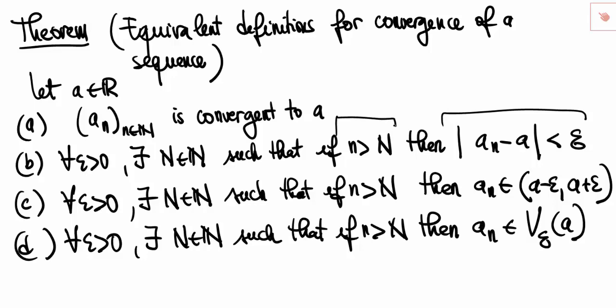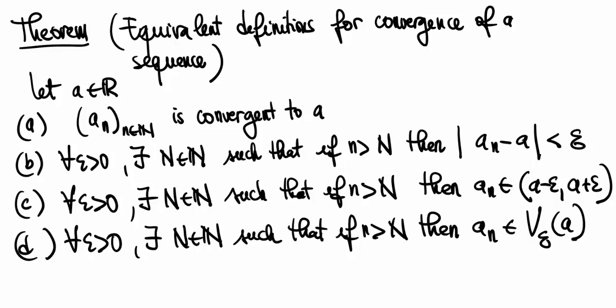So to prove again that a sequence is convergent, one needs to show that if you give me any prescribed value epsilon, I can find a natural number N such that this implication here holds true. The proof of this theorem is more or less pretty obvious.